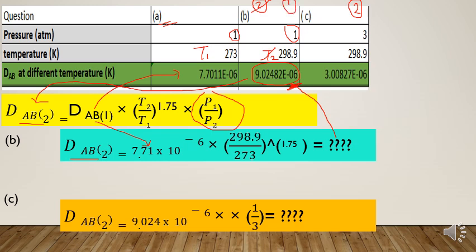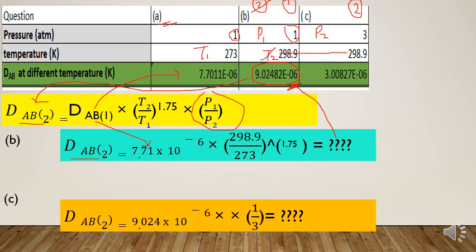Since from the question we know that the temperature is the same and the only difference is pressure, we don't need to substitute the value for temperature, but we just need to substitute the value for pressure. So this one is considered as P2 and this one is considered as P1.